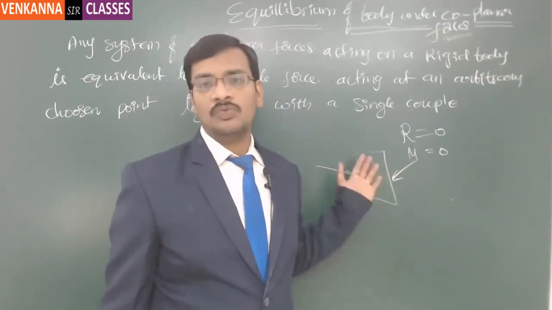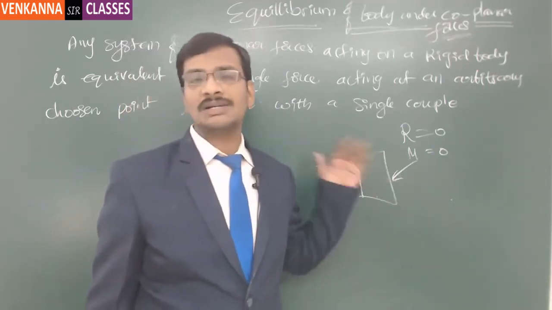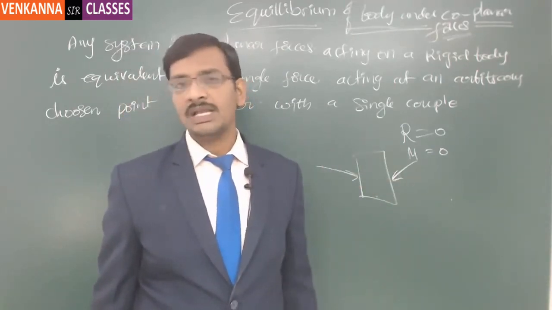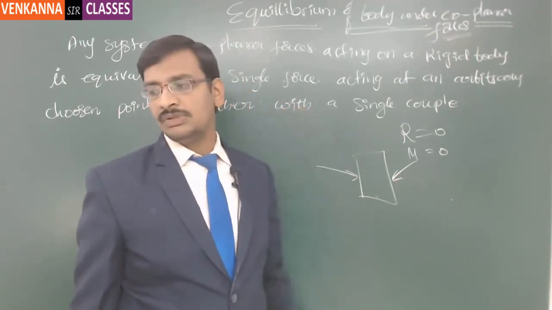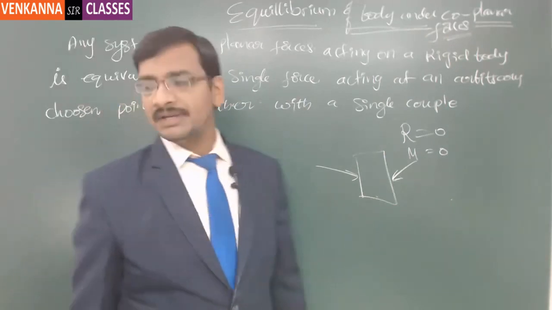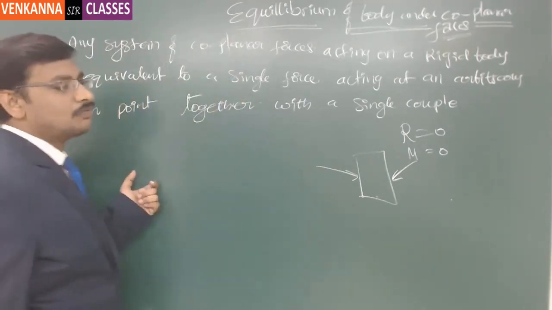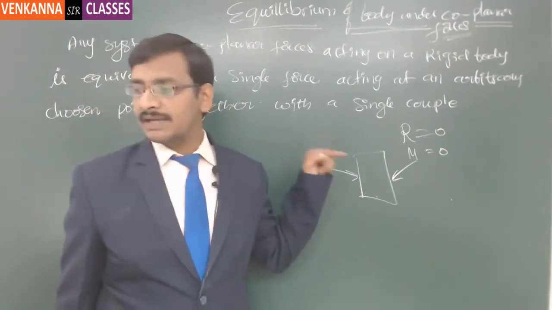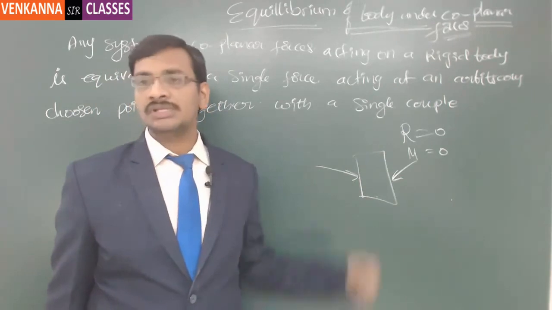To clarify the confusion on that, there were certain theorems that got derived. One theorem is this one: any system of coplanar forces acting on a rigid body can be brought into a simple form, with a single force acting at a single point along with a couple. So this is how you can derive it.